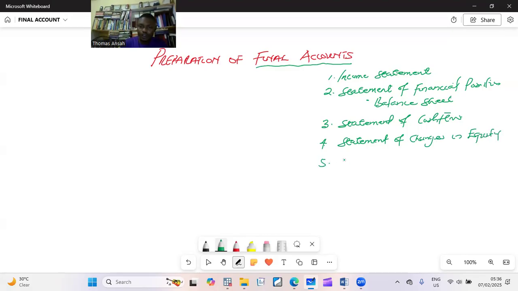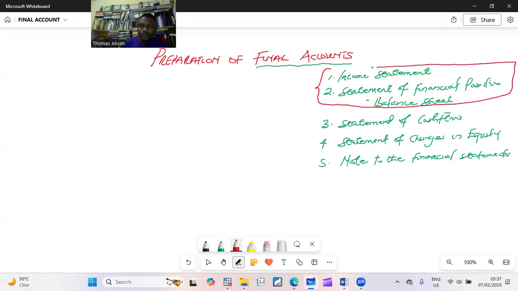Then 5, we have notes to the financial statement. These are the components. And it is learnt in the conceptual framework. But at your level, we are doing only this for now. When you get to level 300, you start doing the rest.